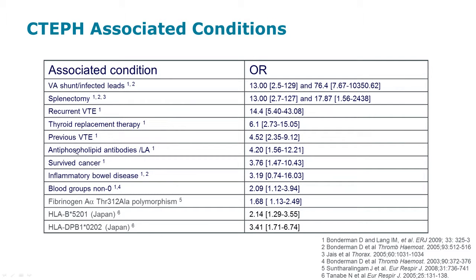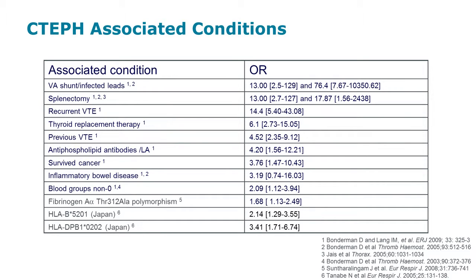And then all the other conditions like thyroid replacement, antiphospholipid antibodies, cancer survival, inflammatory bowel disease, the blood groups, maybe the factor VIII will gain more relevance after the GWAS analysis of the Cambridge group.